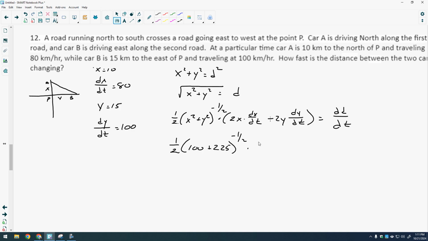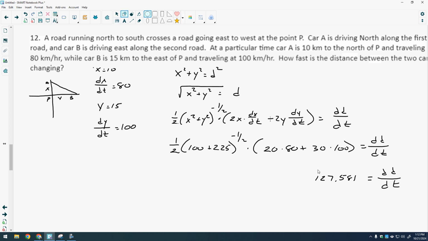Times 2 times x, which is 20, dx/dt, which is 80, plus 2 times y, which is 30, times dy/dt, which is 100. Type that into your calculator and get a final value for dd/dt. Working that all out, you should get what I have on my answer key, 127, to 3 decimal places. Get in the habit of 3 decimal places.